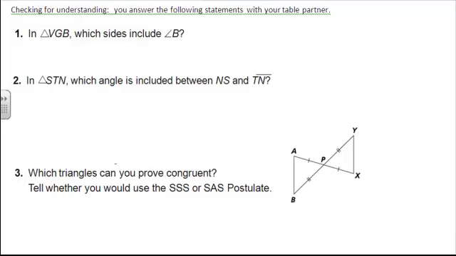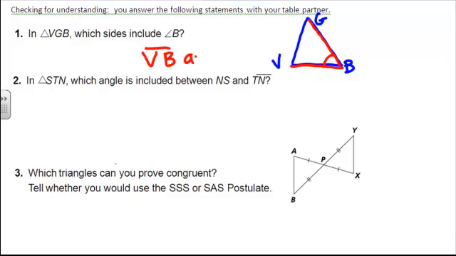Okay, in triangle VGB, which sides include angle B? Here's angle B. So it's this side and this side. So side VB and side GB. Notice they both have the letter B inside of them.